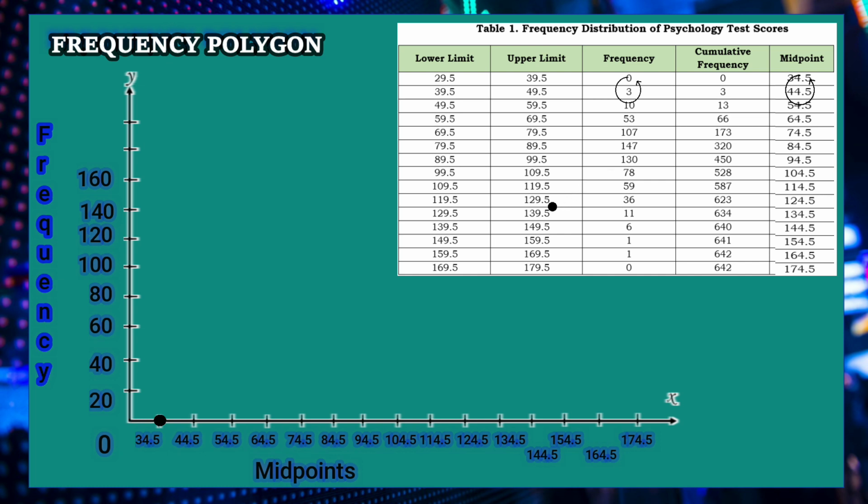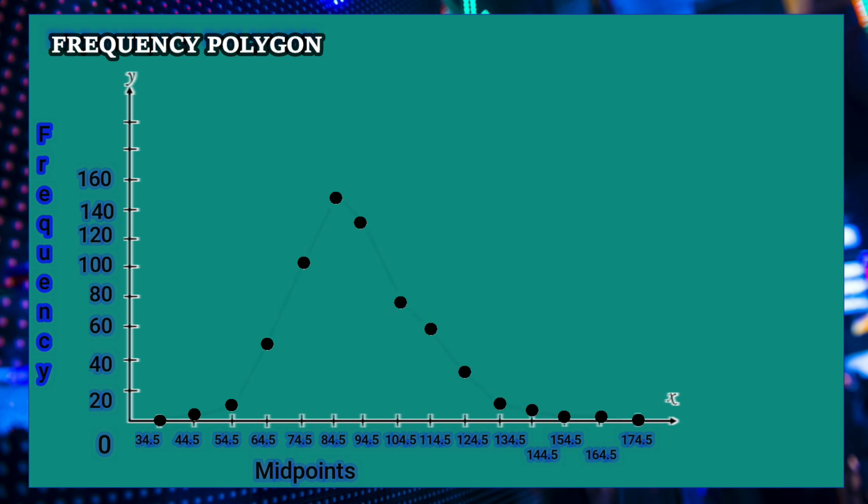Again, mark the point of intersection with a dot and continue this process for the remaining classes. Now that we have our points plotted, we'll connect the dots from class 1 to class 2 to class 3 and so on until we have all the points connected. And this is the finished graph of the frequency distribution using frequency polygon.